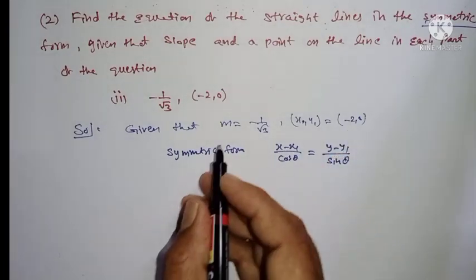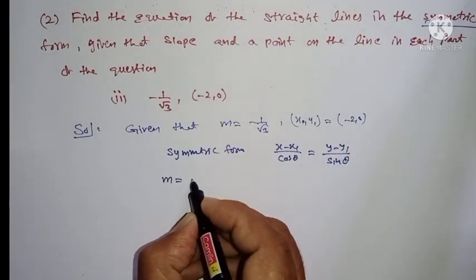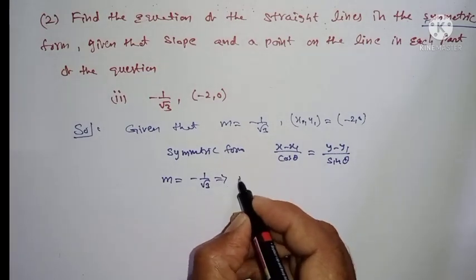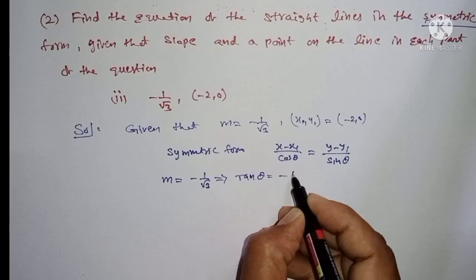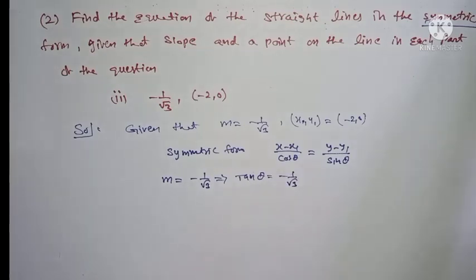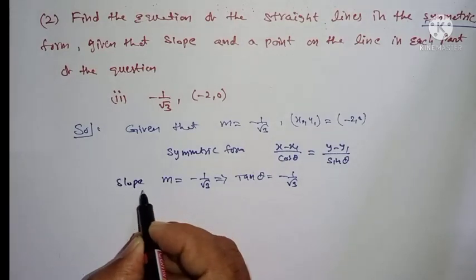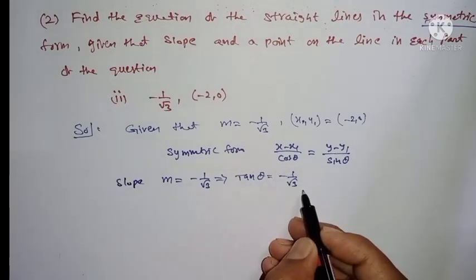Therefore you can find theta. The slope m is given as minus 1 by root 3, as previously. Therefore tan theta is equal to minus 1 by root 3.